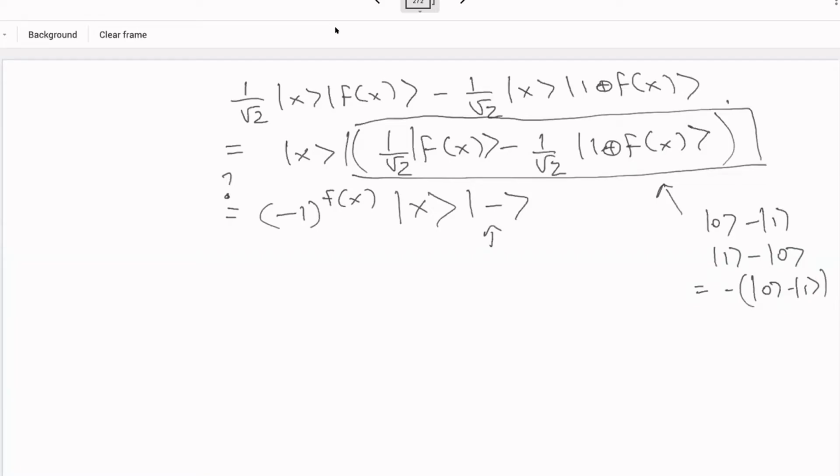Whether there is or there isn't depends on the value of f of x. If f of x is 0, then we're in this case here, 0 minus 1. And if f of x is 1, we're in the 1 minus 0 case, in which the minus 1 factor appears. But other than the square root 2, it makes sense. Good.